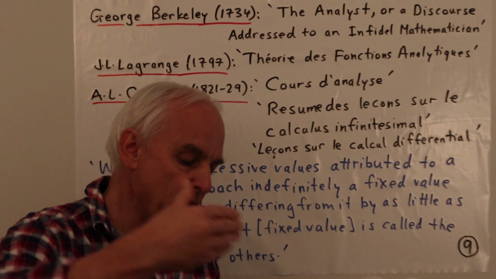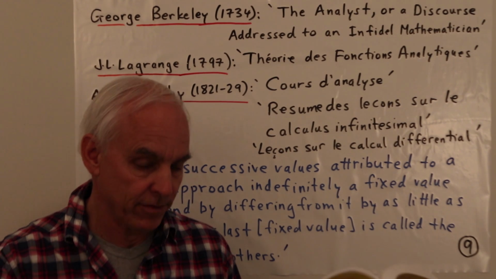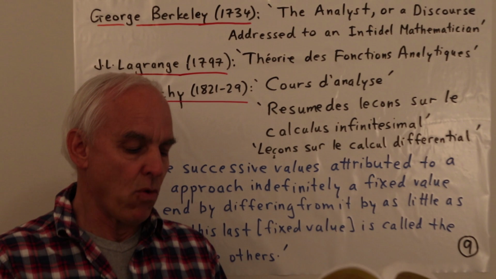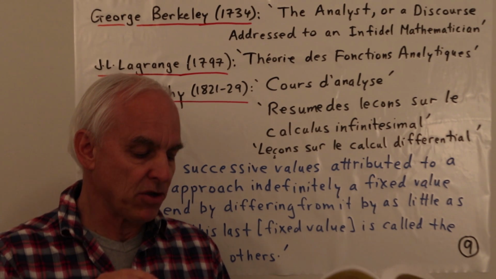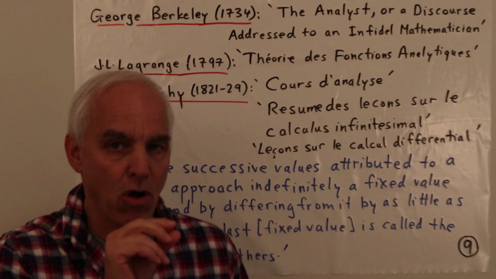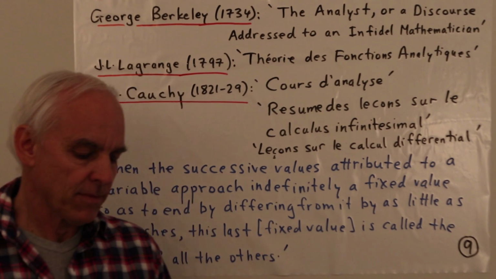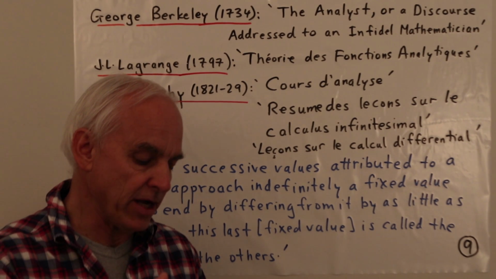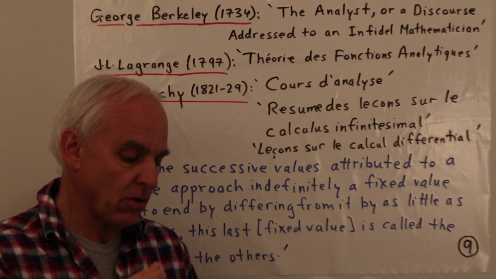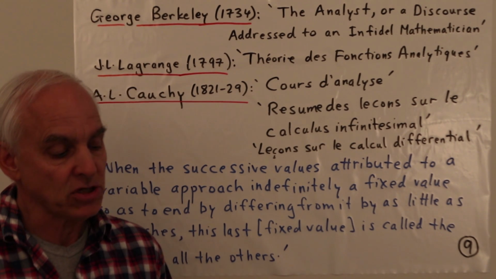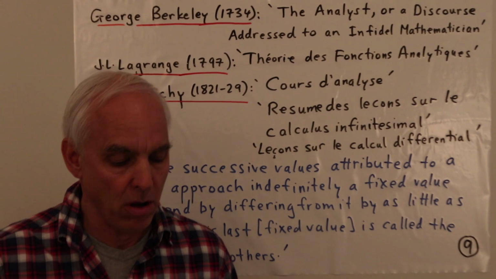Instead of flowing quantities and their fluxions, that was Newton's point of view, they consider the variable finite quantities as increasing or diminishing by the continual addition or subduction of infinitely small quantities. Instead of the velocities wherewith increments are generated, they consider the increments or decrements themselves, which they call differences, and which are supposed to be infinitely small.